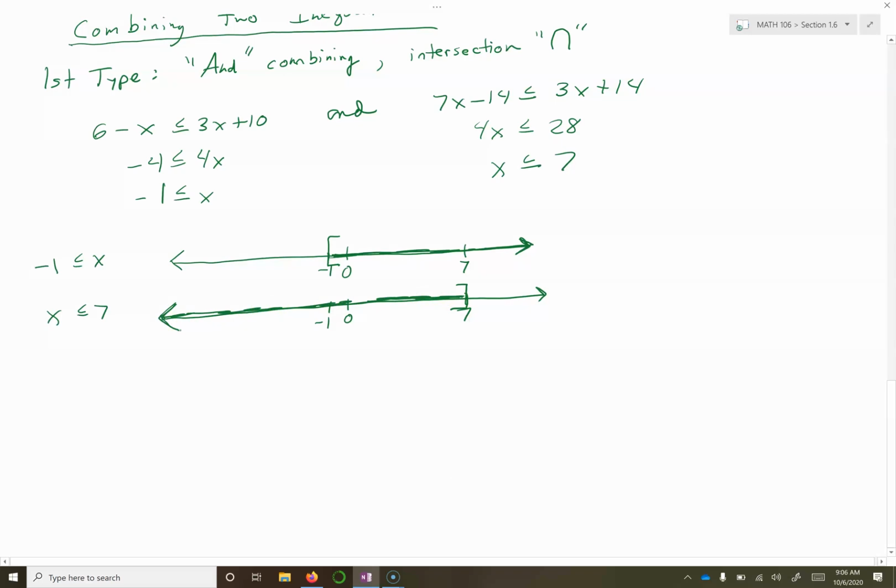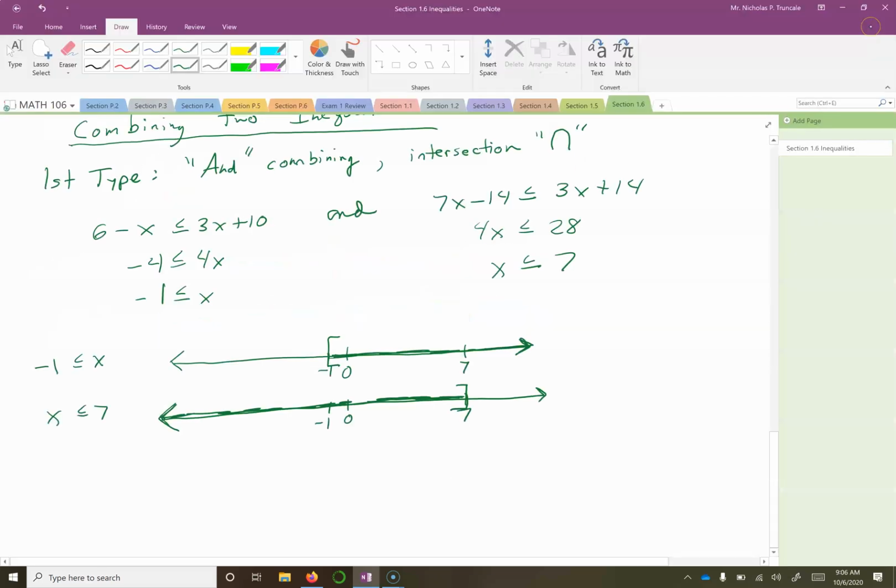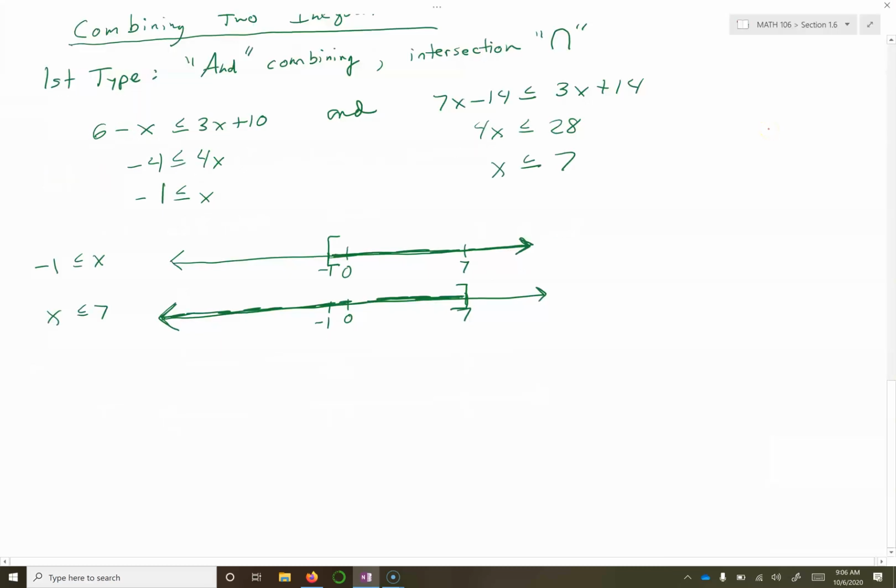So there are the solutions to the individual inequalities. You're trying to find the solution to the combination, the and, right? So here's how an and works. It means intersection, which means you only want to report the solution of where those number lines intersect. So I always like to do this. You're going to start with the solution to the first one. You see how I could draw this vertical line on -1, right?